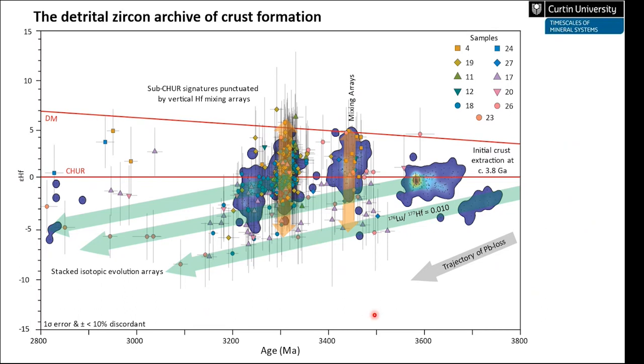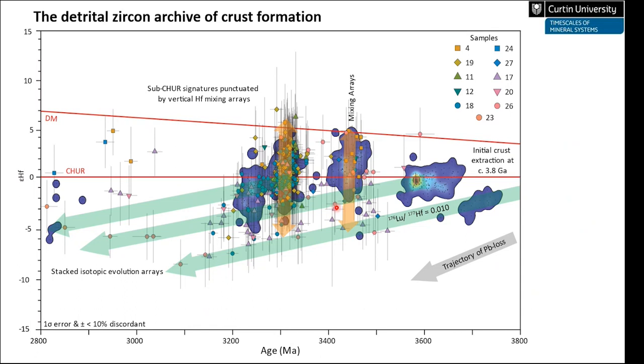From around 3.5 Ga, we're seeing evolved sub-CHUR epsilon hafnium signatures being punctuated by vertical hafnium mixing arrays, which is consistent with patterns we see in the crystalline record here. Older lithologies were episodically refertilized with juvenile magma, resulting in these mixing arrays we see here.